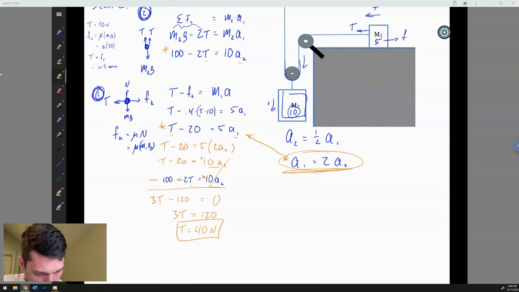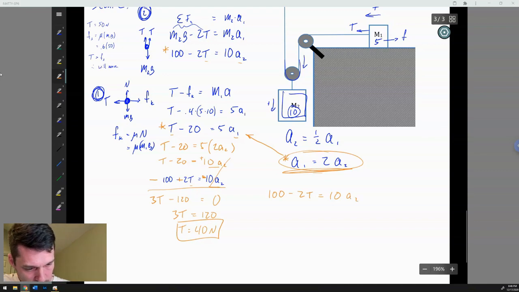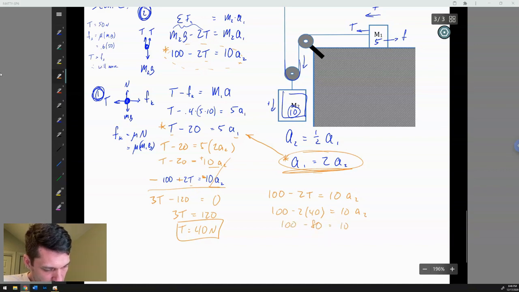What comes next? Now let's plug it back in. So we got 100 minus 2t equals 10a2. That's this one right here. 100 minus 2 times 40 equals 10a2. 100 minus 80 equals 10a2. Divide everything by 10. 20 divided by 10 equals a2.